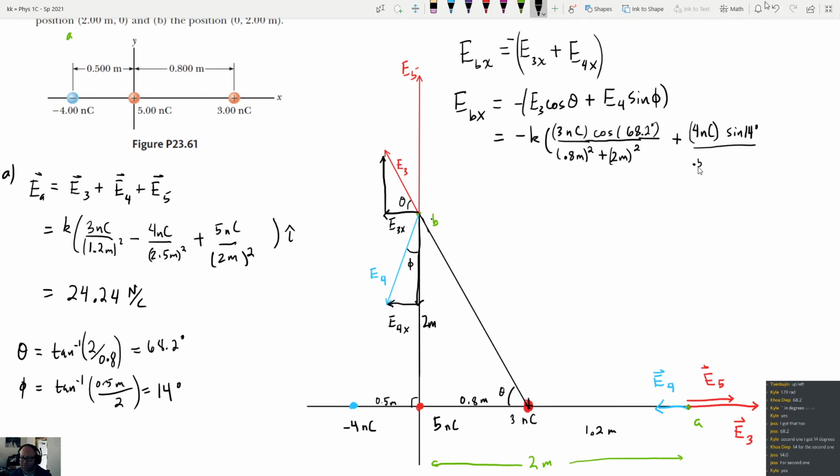Make sure you're in degrees when you're doing the calculation, too. 2.21 is what I got. Did I make a mistake? 2.21. Yeah, I think that's probably the answer.